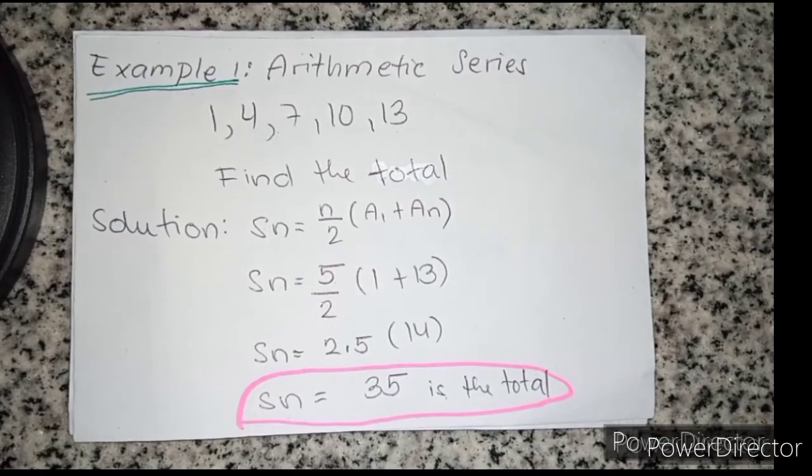So the total of this sequence is 35. If you're going to compute it manually, you will get the same answer. Did you follow? Now, let's have another example.